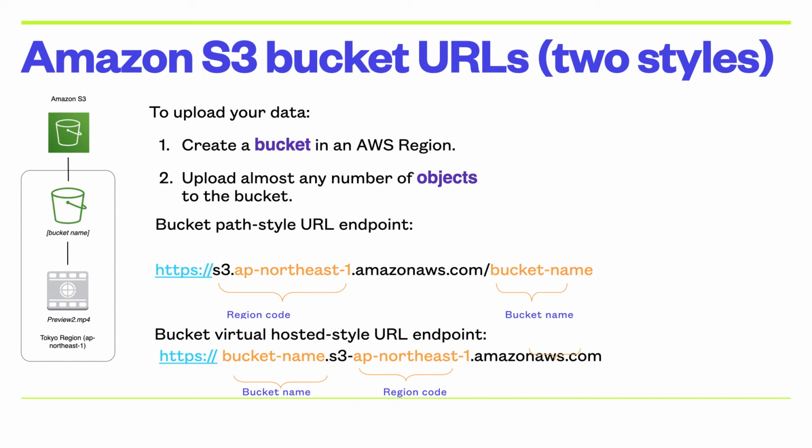In this case, the bucket will have two types of URL, and you can look at them as a bucket path style or a bucket virtual hosted style, and we will see this later on when we use S3 to host a static website.